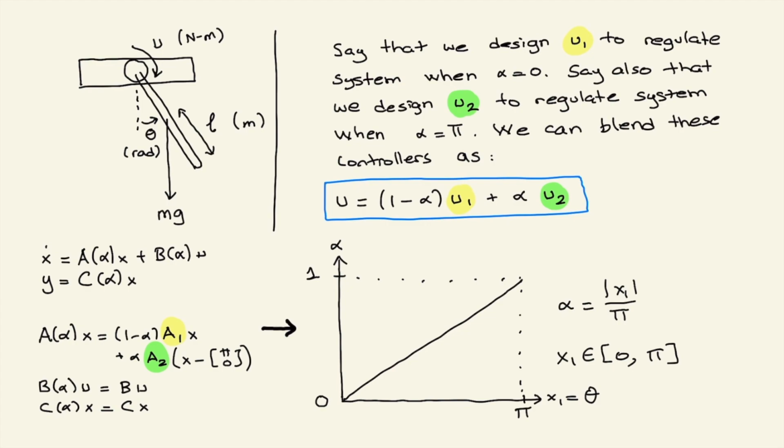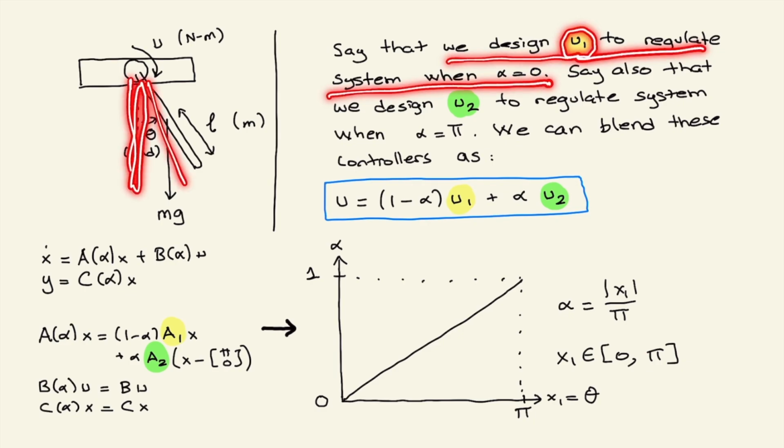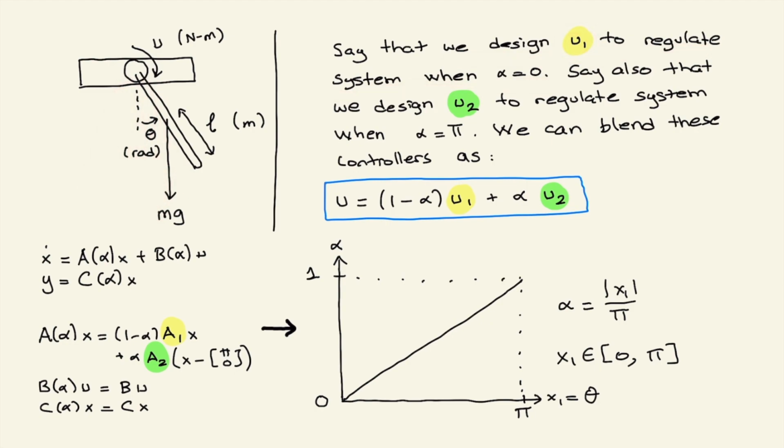Now, say that idea-wise, we design a control signal U1 to regulate this system when alpha is 0, around this equilibrium point. Also say that we design U2 to regulate this system when alpha is pi, the second equilibrium. So we are looking at operations around these equilibrium points. Then we can blend these two controllers, since we have two linear models, like this.